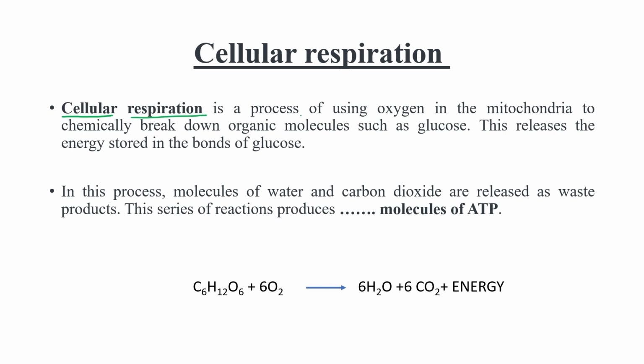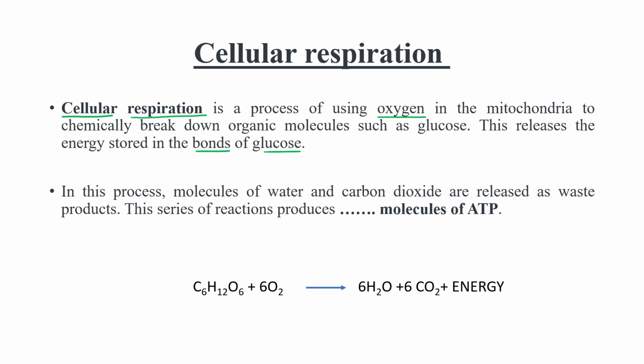It is a process of using oxygen in the mitochondria to chemically break down organic molecules like glucose, to release the energy which is stored in the bonds of glucose. So this is cellular respiration.